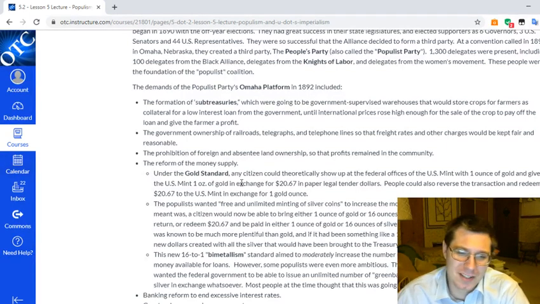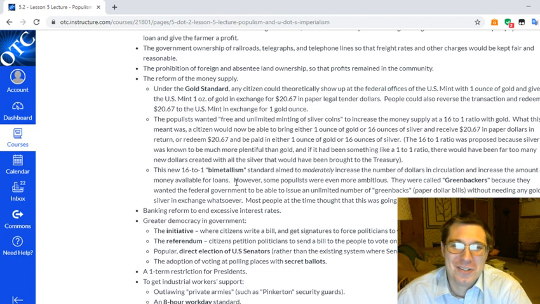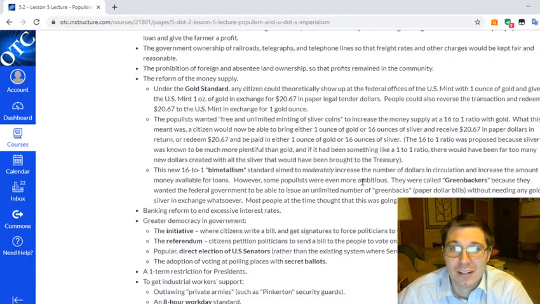So this new 16-to-1 bimetallism standard aimed to moderately increase the number of dollars in circulation and increase the amount of money available for loans. However, some populists were even more ambitious. They were called greenbackers because they wanted the federal government to be able to issue an unlimited number of greenbacks, what we would call just our modern-day paper dollar bills, without needing any gold or silver in exchange whatsoever, without needing to bring gold or silver to the U.S. Mint.